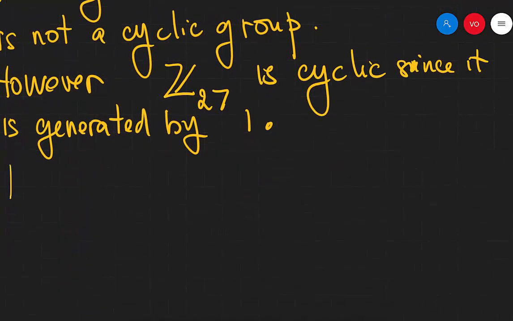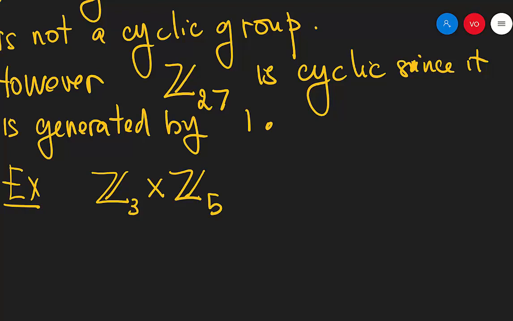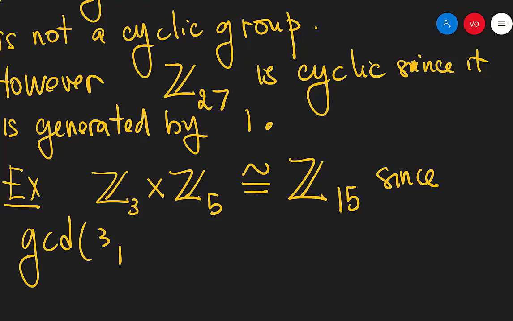So next, let's consider Z3 cross Z5. This group is actually isomorphic with the cyclic group Z15, since the GCD of 3 and 5 is 1. I mean, these numbers are relatively prime. In fact, they're both primes.